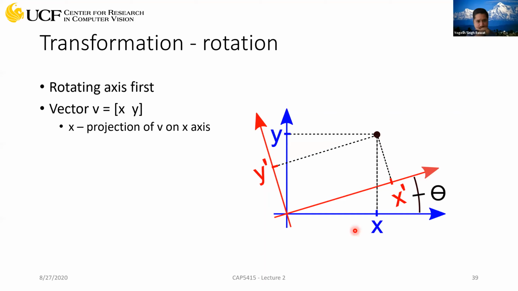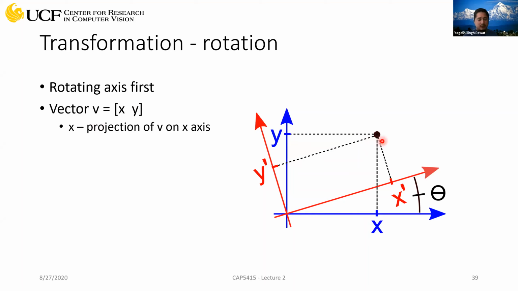Now, when you rotate the axes, so the blue axes, which are the original x and y, the point was x, y, which means that the projection of this point on the x-axis was x, and the projection on the y-axis was y. So this height is y, and this length is x. And that's how we get the vector value.